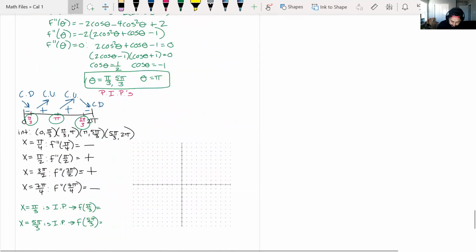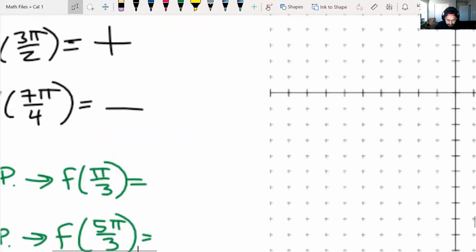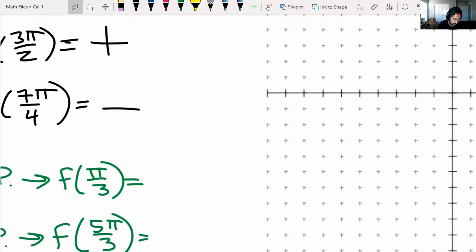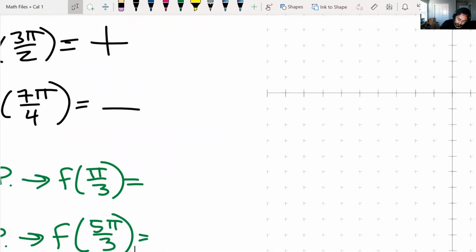If I type in pi over 3, I get 5/4 or 1.25.